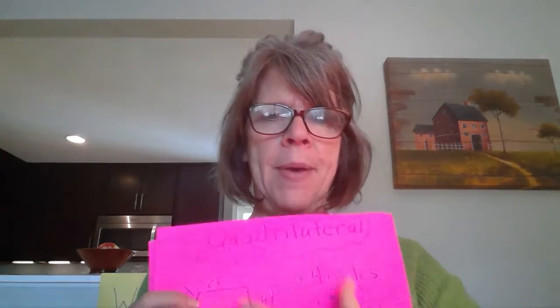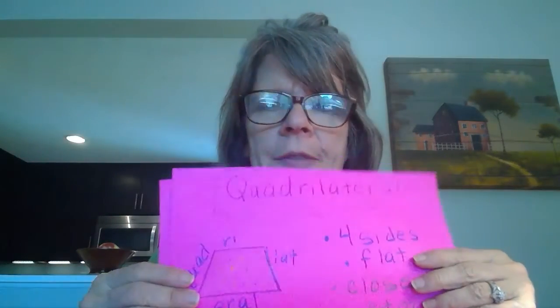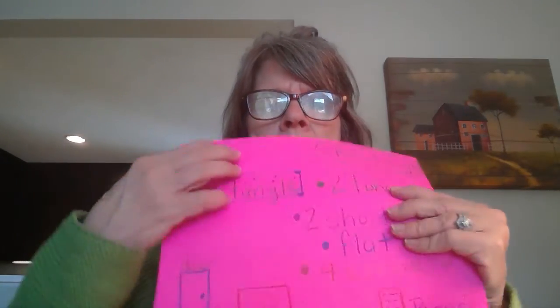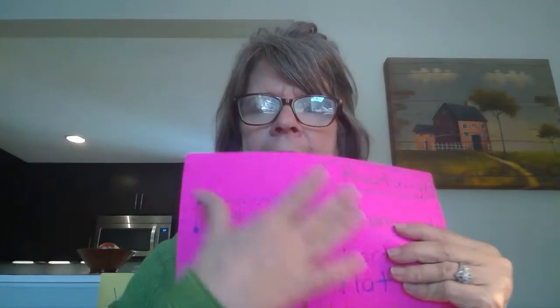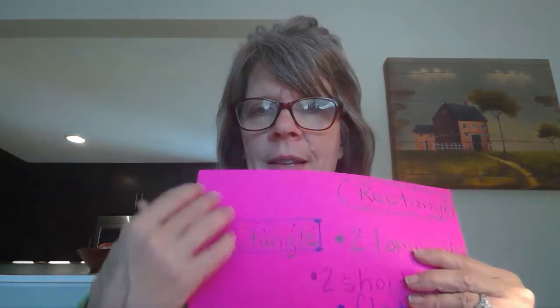So I think you should make a big drawing, not just a little one like this, but a big one of each of the shapes. Let's see, there's 1, 2, 3, 4, 5, 6 shapes. So make a big drawing, maybe make it as big as the paper, and then cut it out.